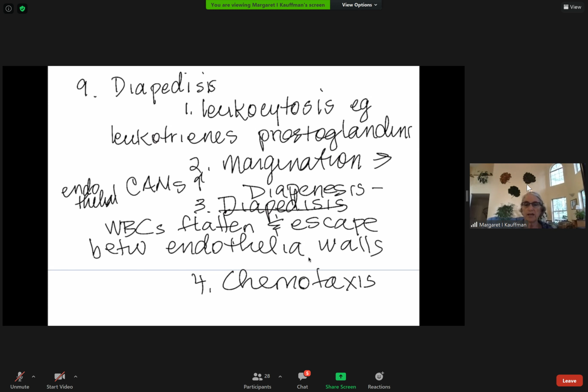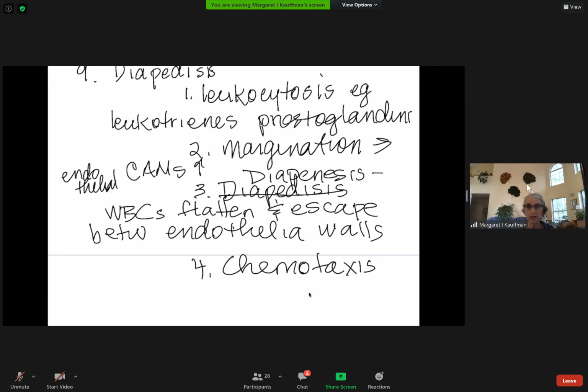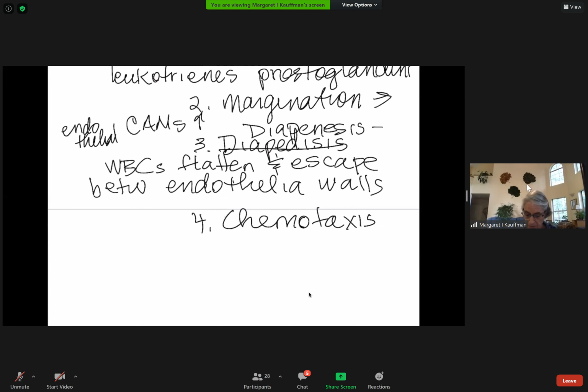Once they're outside of the capillary and the bloodstream, they can follow this chemotactic gradient in order to get to the area where the damage has occurred and therefore is causing this gradient.